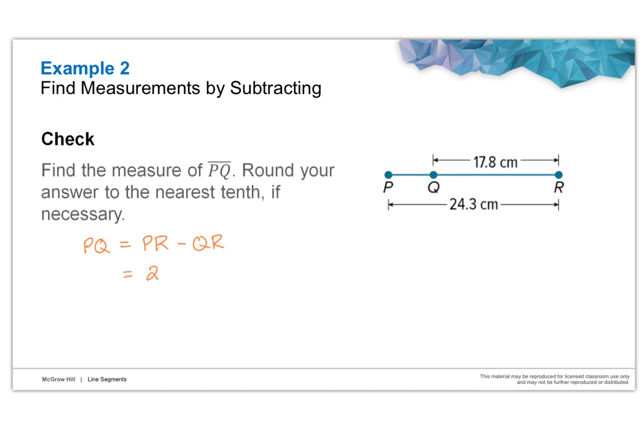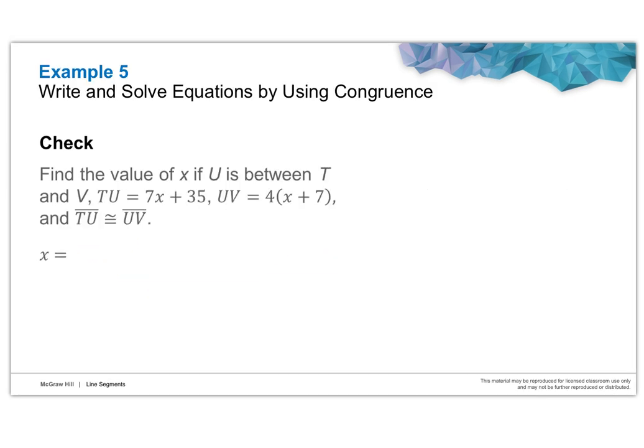PR is 24.3 centimeters, and QR is 17.8 centimeters. And so subtracting that, we get 6.5 centimeters.